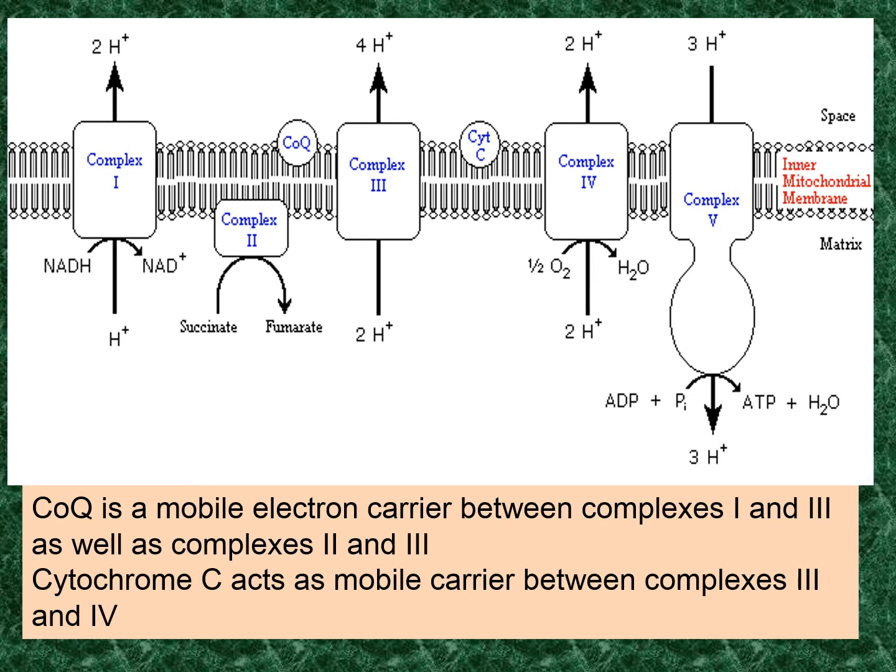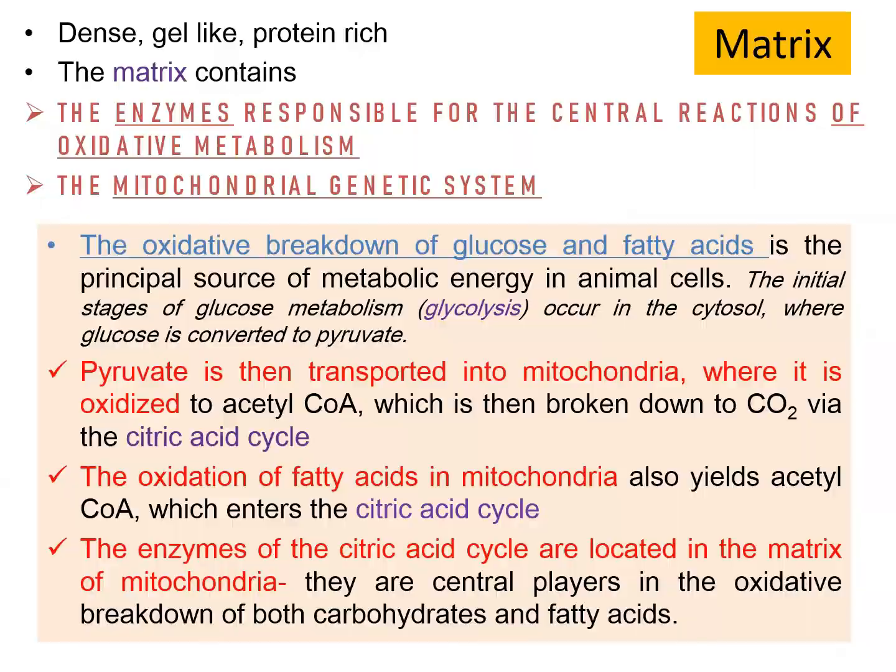So, apart from the 5 enzyme complexes, there are mobile electron carriers also, which are coenzyme Q, cytochrome C, etc. Coenzyme Q operates between 1 and 3 as well as 2 and 3. Cytochrome C operates between 3 and 4. All these take part in the respiratory chain, whereas the last one, complex 5, takes part in ATP synthesis.